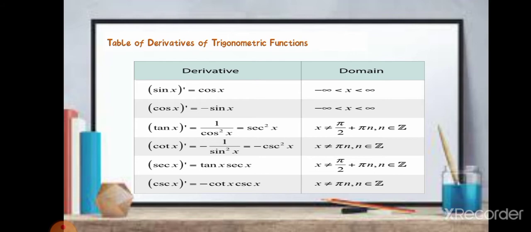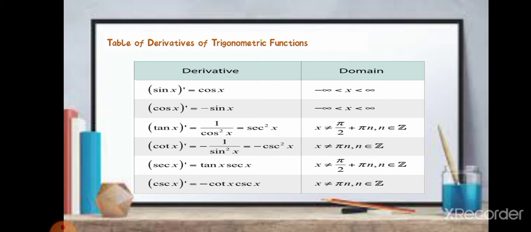Next function will be tan x, which has a derivative of 1 over cosine squared x, or secant squared x, and has a domain of x not equal to pi over 2 plus pi n, where n is all real numbers.